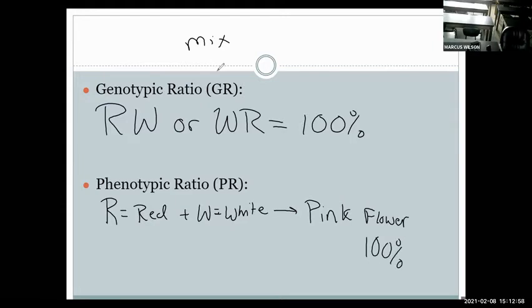Because every flower was red and white mixed together to make pink, that means it'd be 100% for pink flower. That's my phenotype. That's the physical features. So that's an example of incomplete dominance, when I mix traits together.